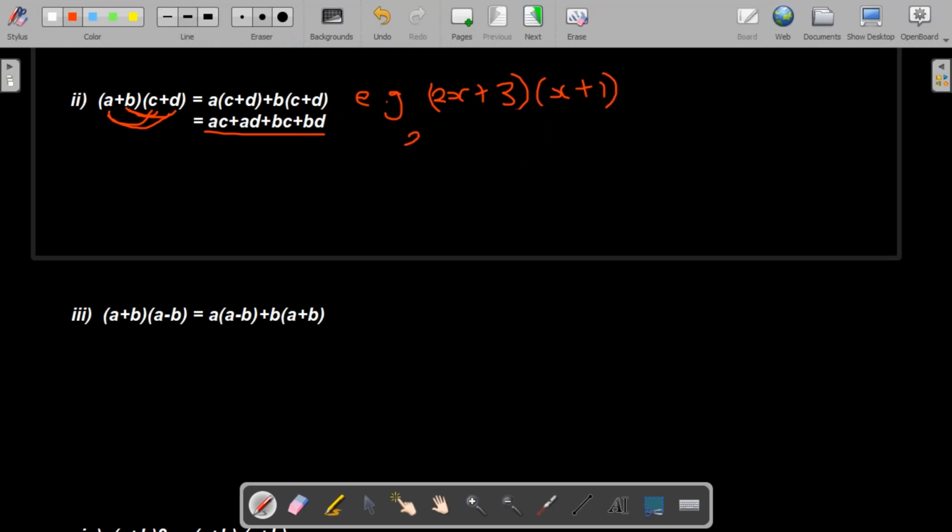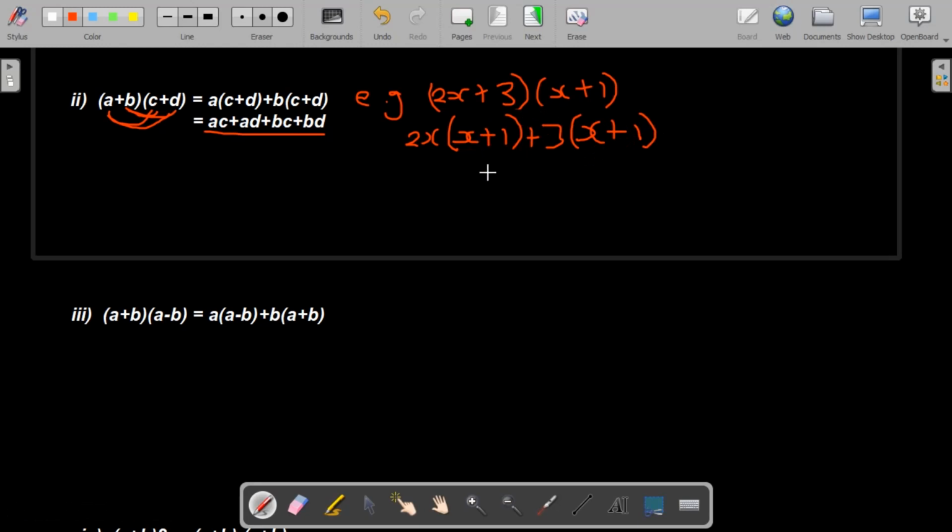So we're going to say it's 2x open bracket, you get what's in the bracket on the other side. So we'll say x plus 1, we close, and then we distribute again, and then we say plus, because we're dealing with plus 3, open bracket x plus 1, and then we close.